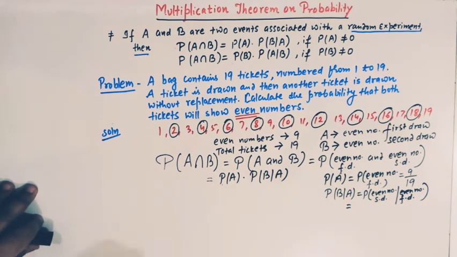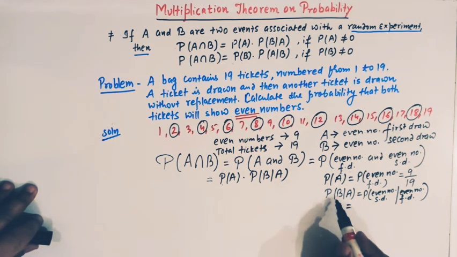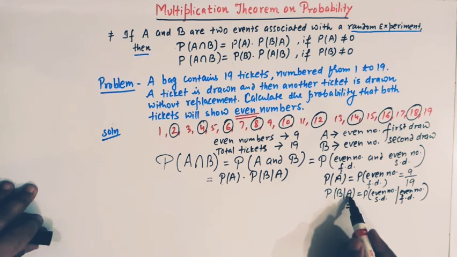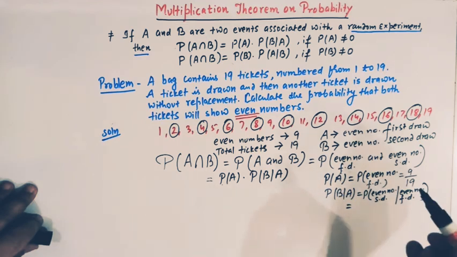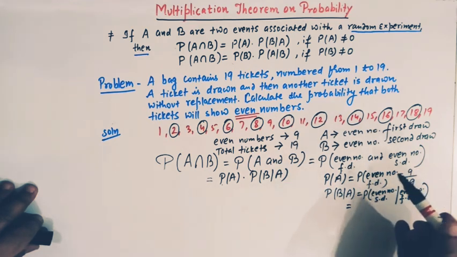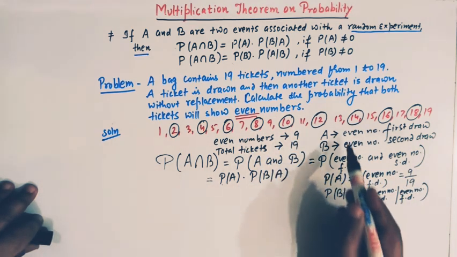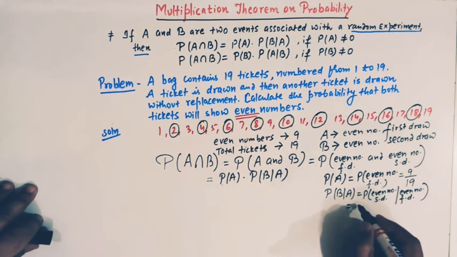So we can write, see here, P(B|A) means that one even number has already been drawn. So the total number of even numbers for the second draw will be 1 less than in the first case. So we'll have 9 minus 1, that is 8.